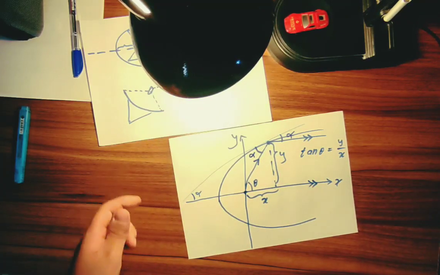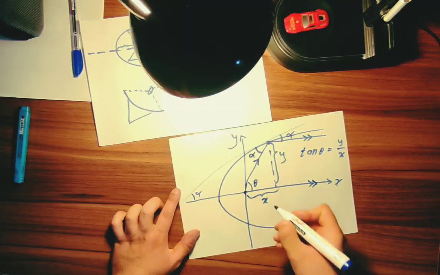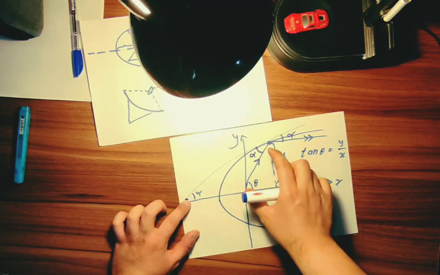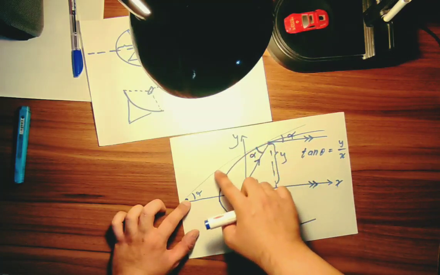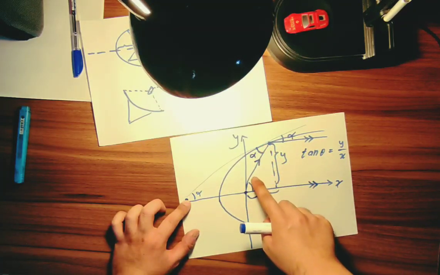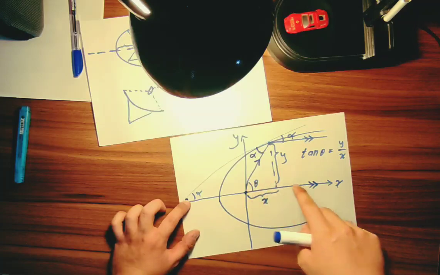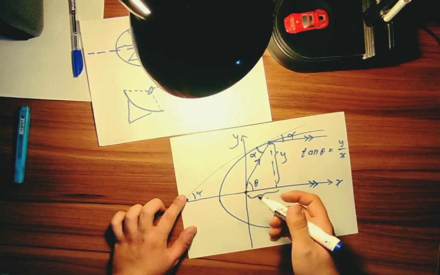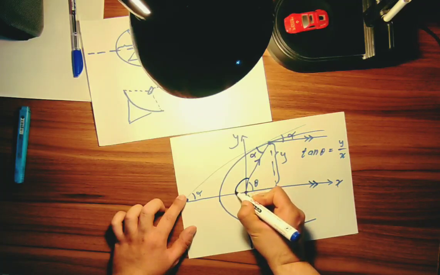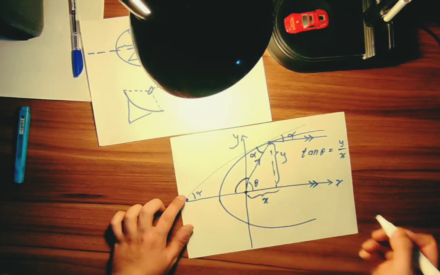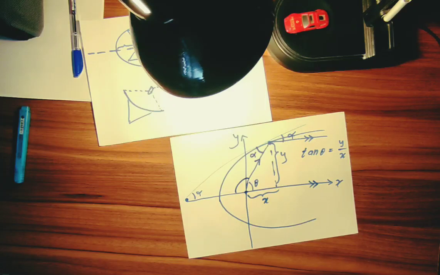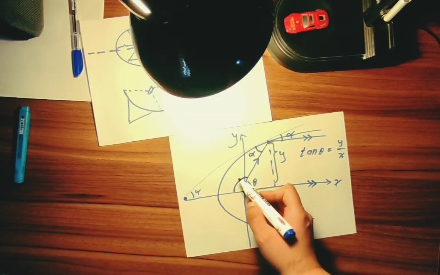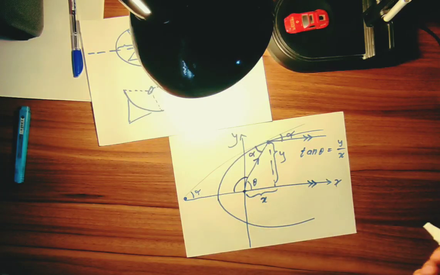Okay, and we know from geometry too that this is a triangle, and this is pi minus this angle, plus theta equals pi, and also this angle plus this equals pi.